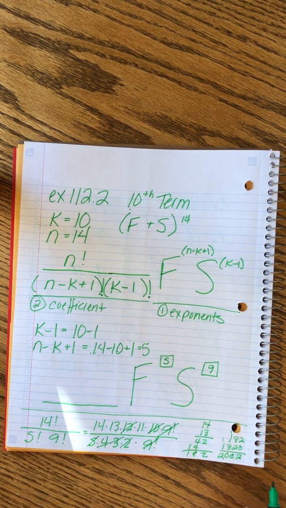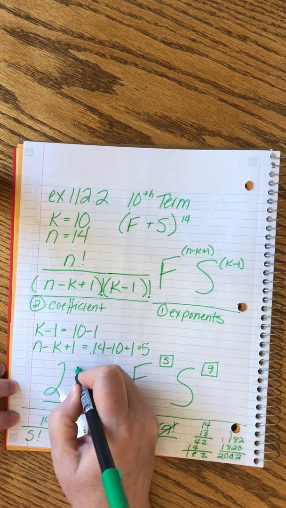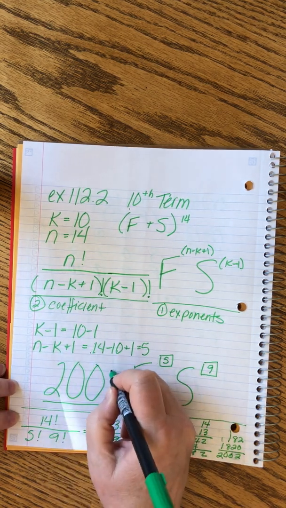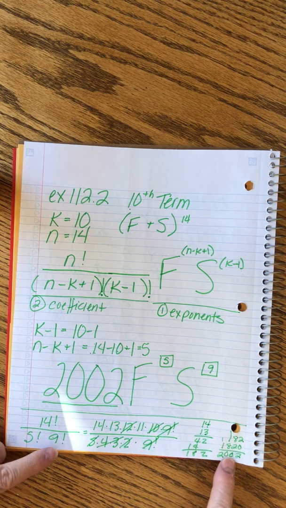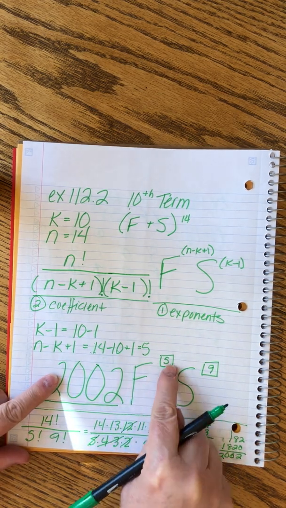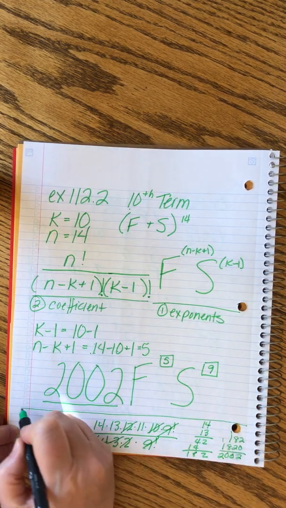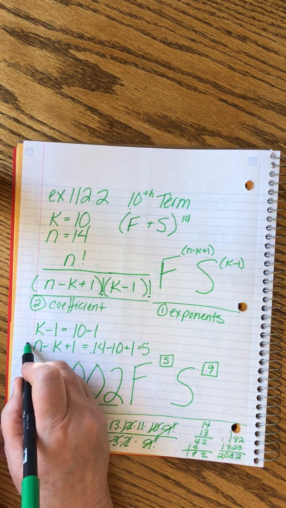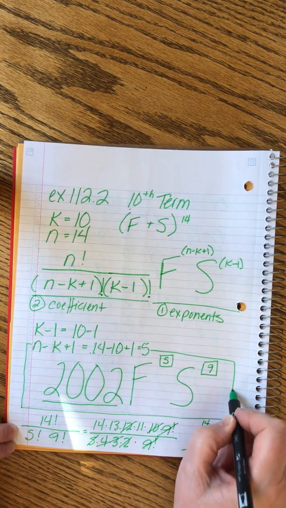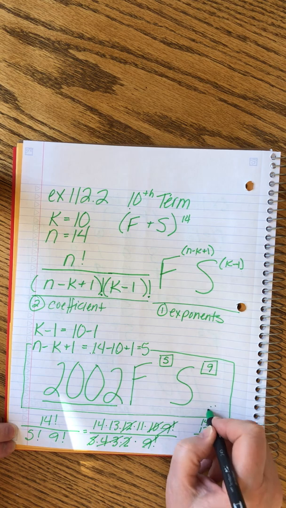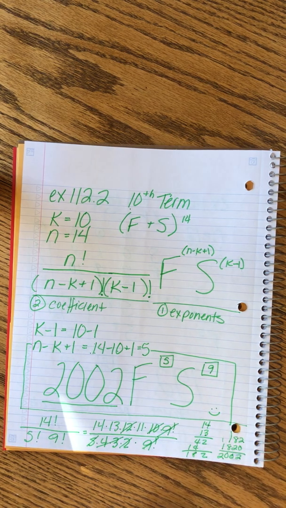That's our coefficient. 2002 is our coefficient times f to the 5th, s to the 9th. Done. And that's correct. All right, beautiful.